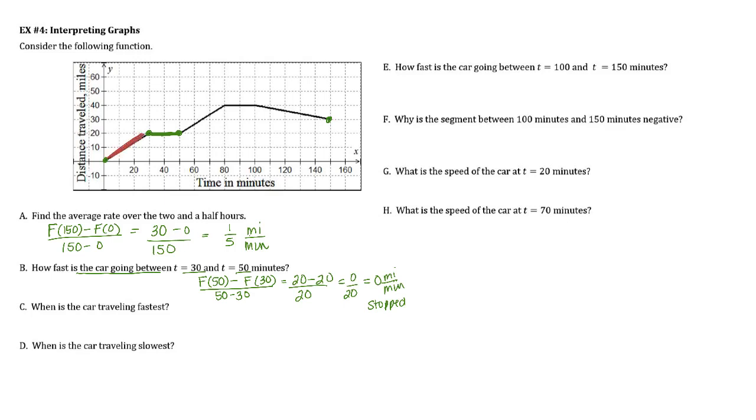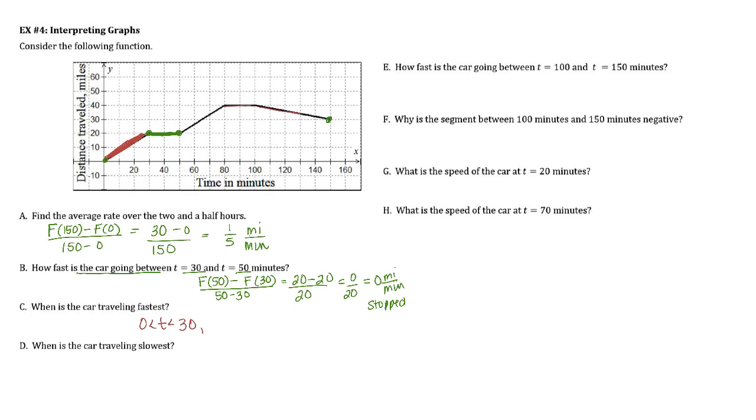That's pretty steep. So since that looks like it's really more steep than that or that, we're probably going pretty fast between 0 and 30. So there's one spot, but I would think that we've probably got another time as well.